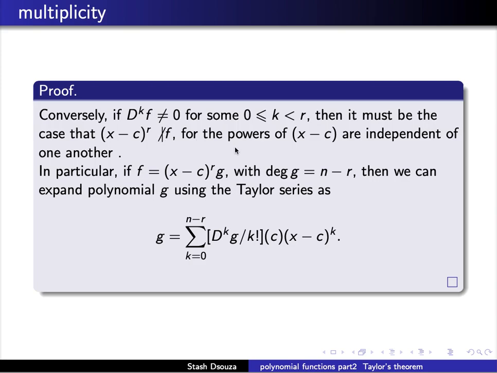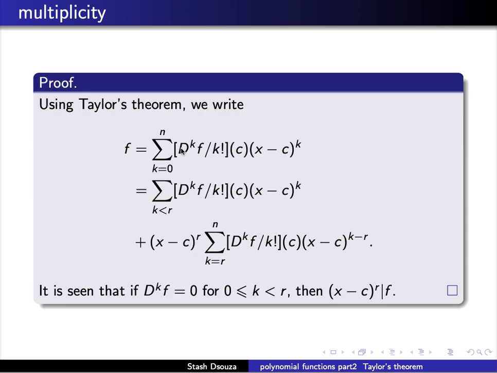And this is because the powers of x minus c are independent of one another. For if one of the derivatives of f less than the degree r was non-zero, then one of the terms in this linear sum of powers of x minus c would be non-zero. And so we will not have that x minus c to the power r perfectly divides f, because there would be a remainder.